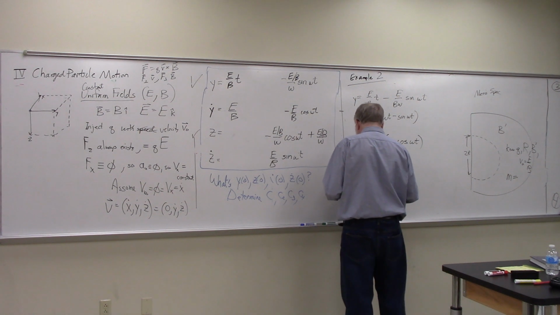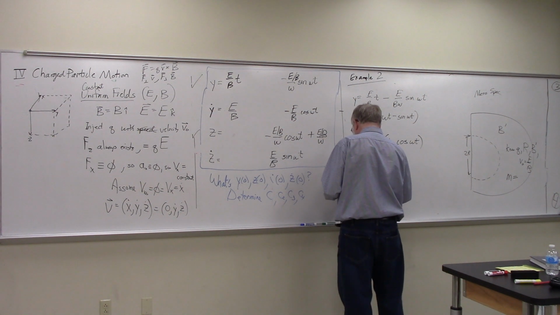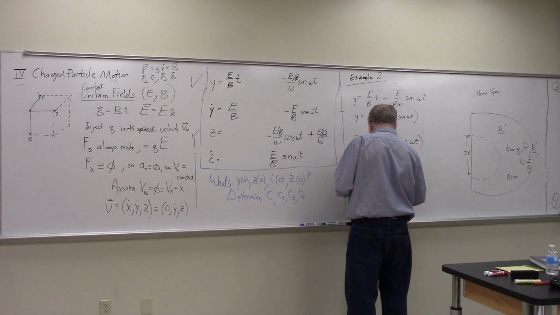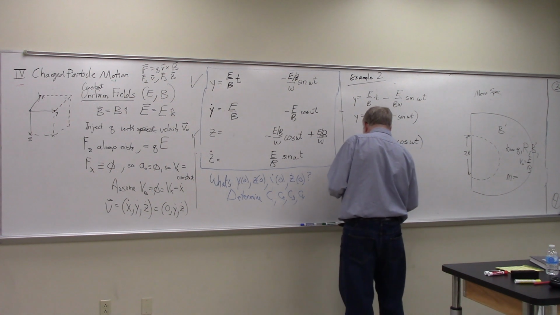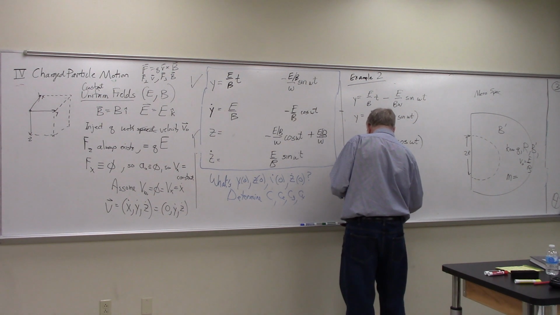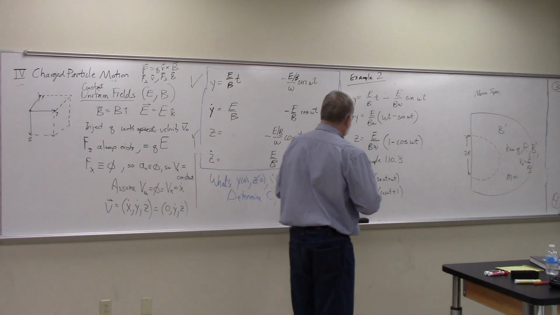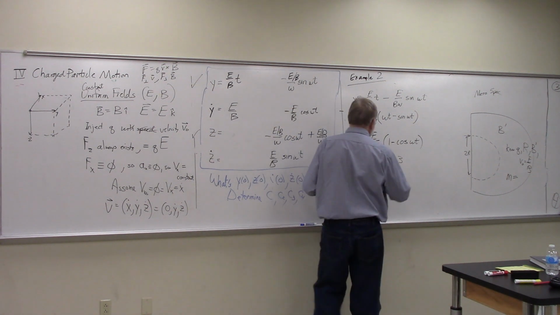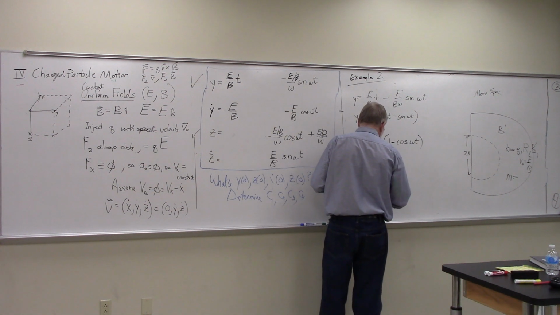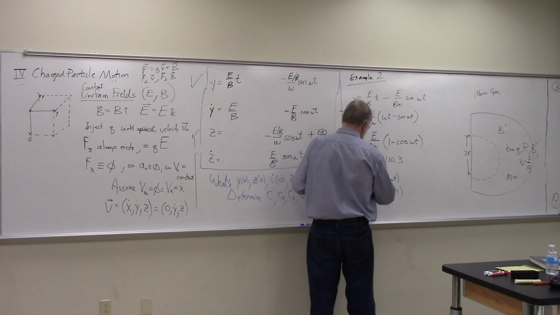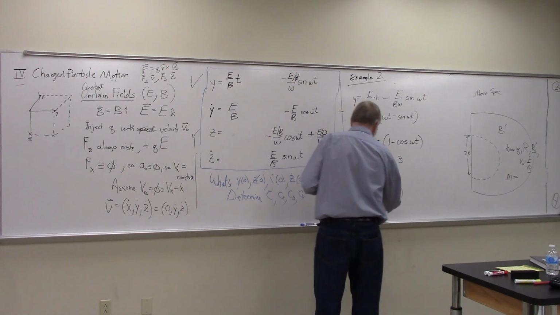We had that the x coordinate was b times sine omega t plus omega t, and the y coordinate was b times cos omega t plus 1. You see how similar that looks here? The only difference is a phase shift, because you make sine of omega t into negative sine of omega t just by adding pi to it. So you call this sine of omega t plus pi. Same thing with cosine.